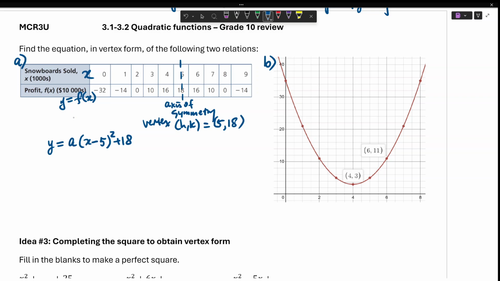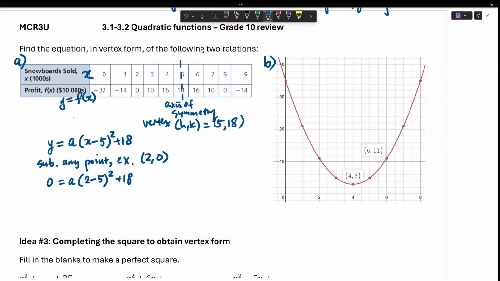What's a? Well, there are several ways to do it. Probably the easiest way is to pick any point on the parabola and just substitute. For convenience, let's choose 2, 0. Why not? Okay, so 2, 0 means y is 0 and x is 2.